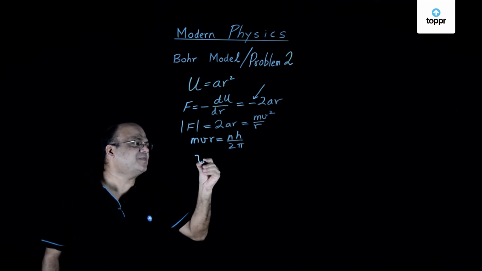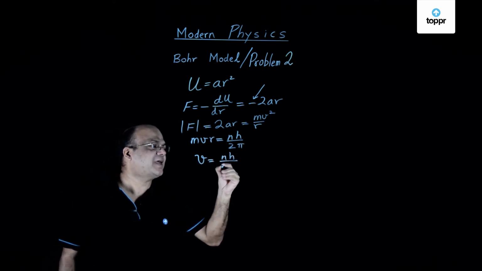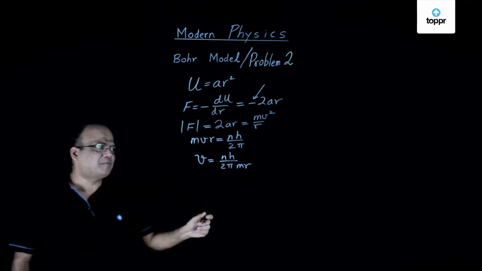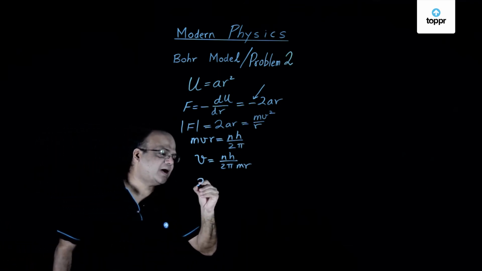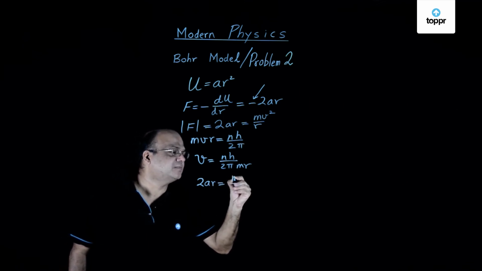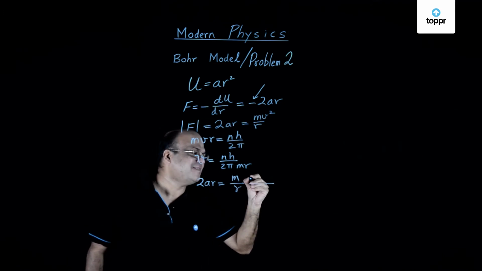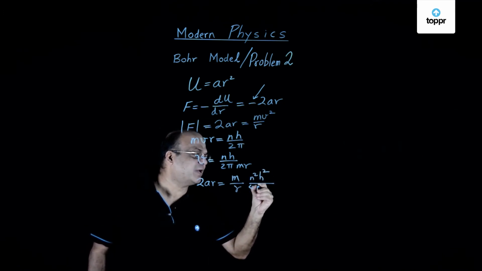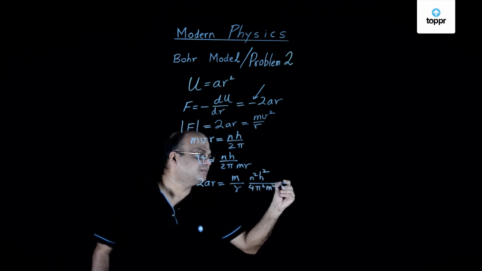So velocity from this equation is nh by 2 pi mr. Put this in this equation. What do you get? 2AR equal to m by r v squared, square of this, so n squared h squared by 4 pi squared m squared r squared.